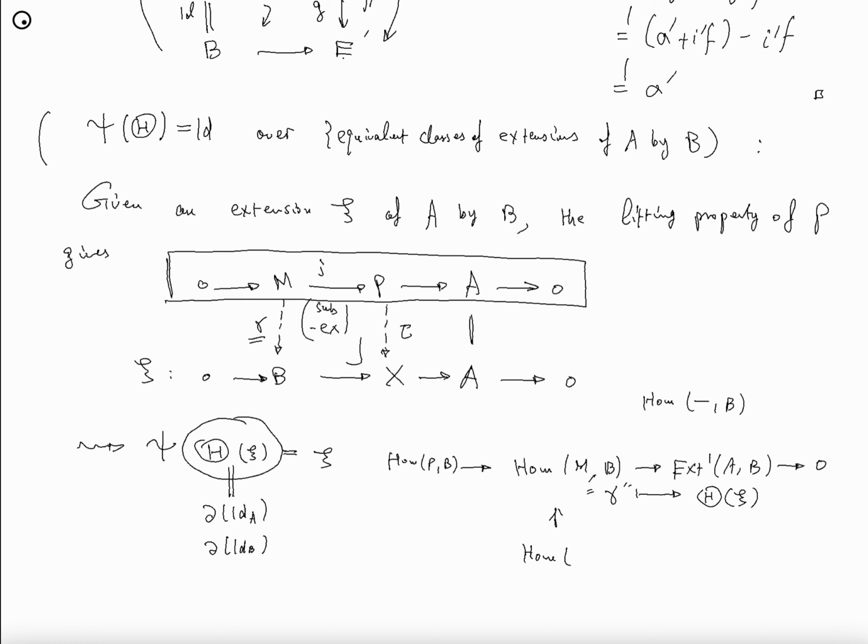This is Hom(B,B) to Ext^1(A,B). Exactly, this is mapping the identity of B to this, the partial identity of B, which is exactly this partial of gamma, which means gamma is exactly a preimage of C. And so we prove that this holds, and we're done.